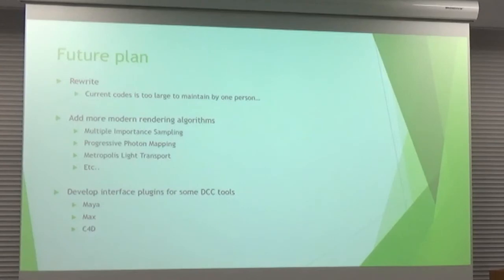I want to add other modern global illumination algorithms like multiple importance sampling, progressive photon mapping, and metropolis light transport, etc. Currently I haven't prepared any GUI tools, because almost all artists use a renderer from DCC tools.